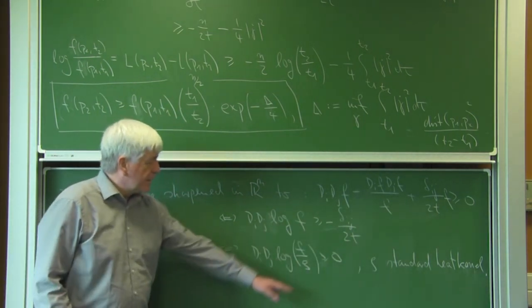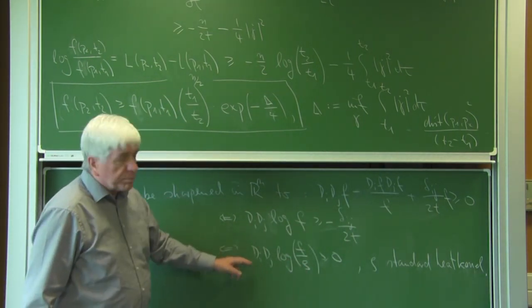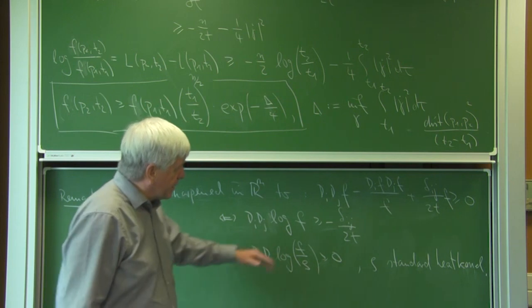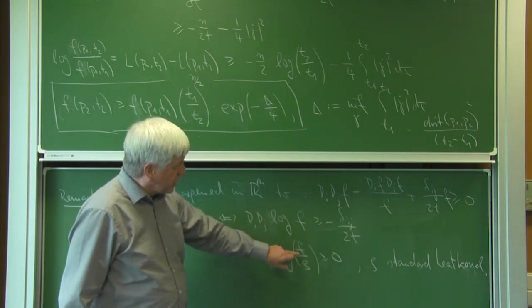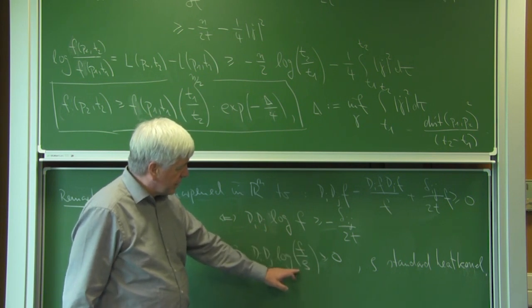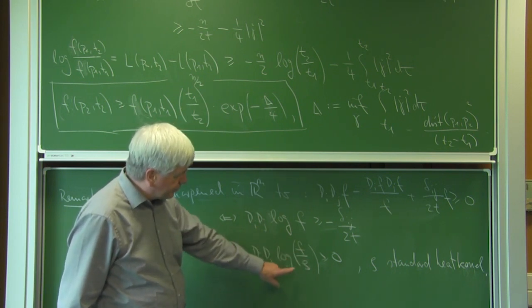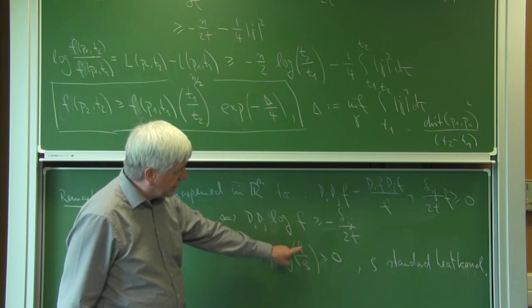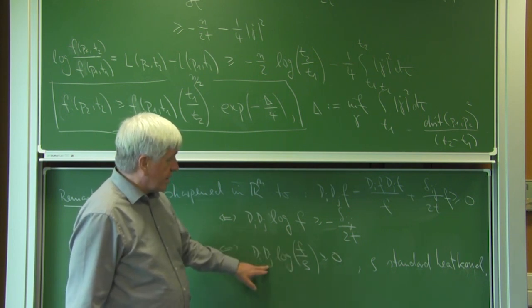And this fact, in turn, you can prove without using the maximum principle in Euclidean space, because obviously if this is true on the standard heat kernel, then the logarithm would be just 0 if you have f equal to rho.